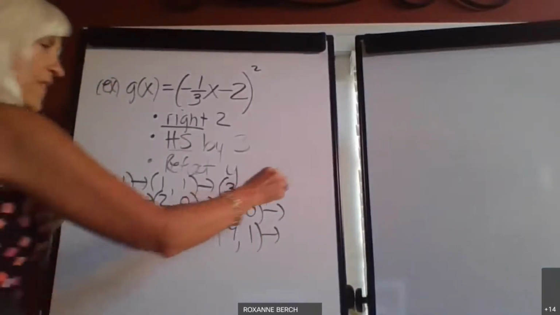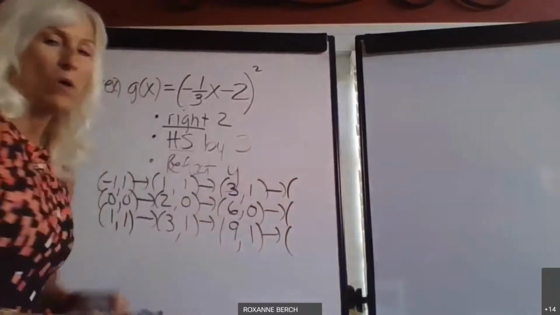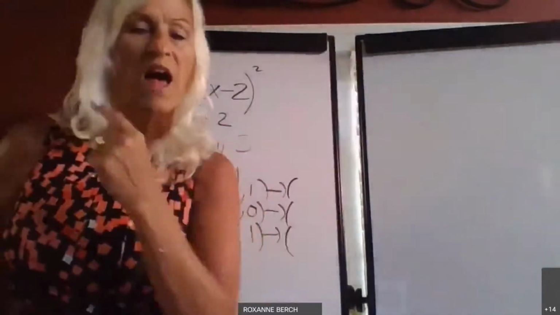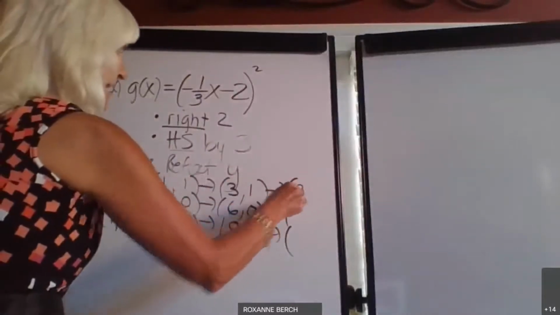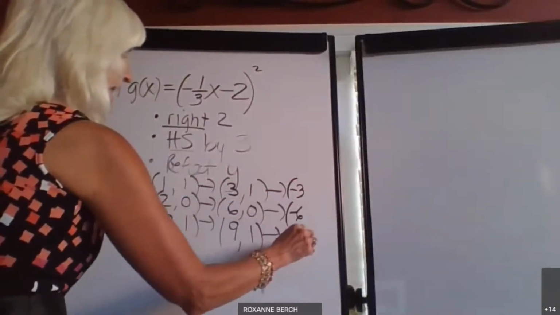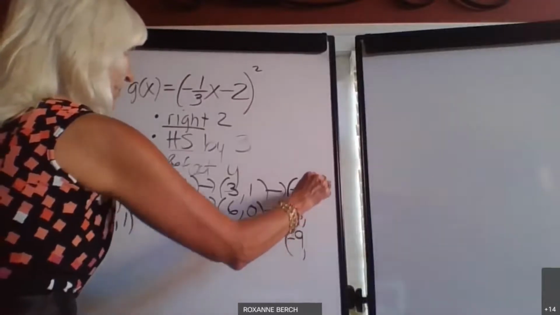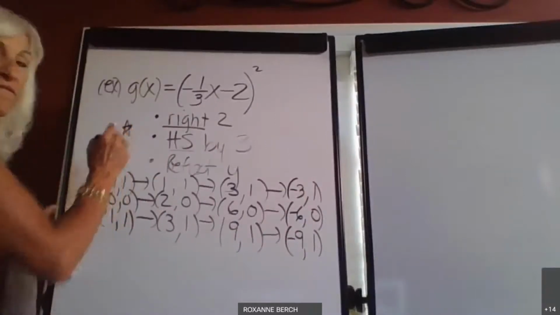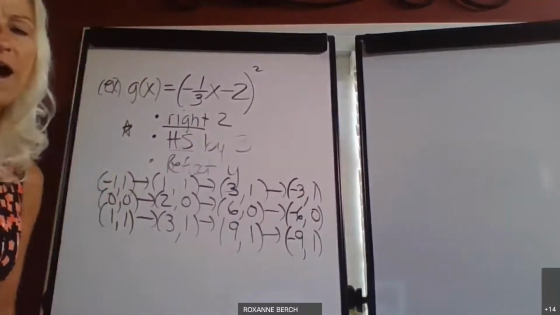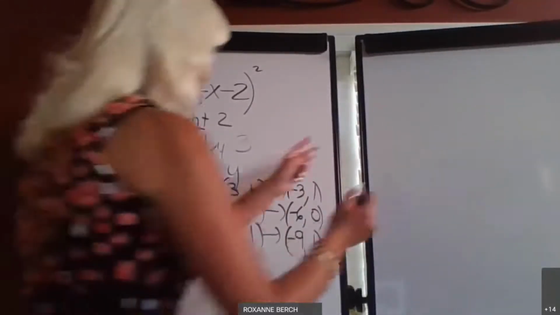Now you're going to reflect y. Reflect y is a horizontal movement, so you negate the x. And by the way, on this particular problem, if you do not follow that order, you're going to get the wrong graph. I'm just letting you know.